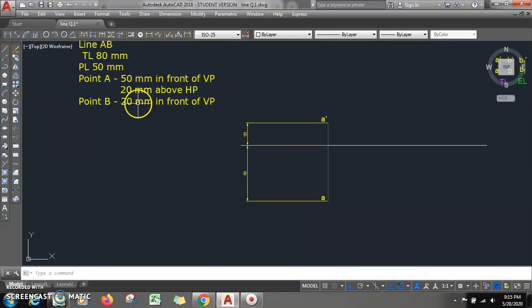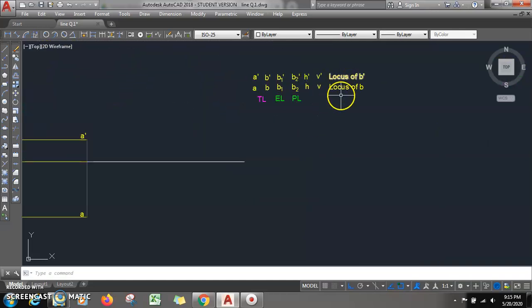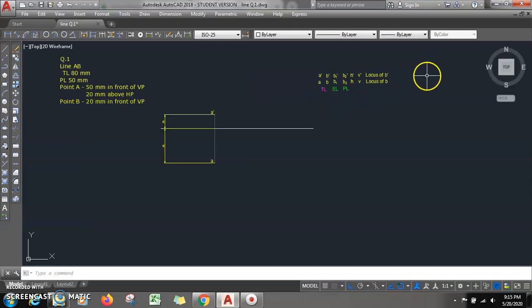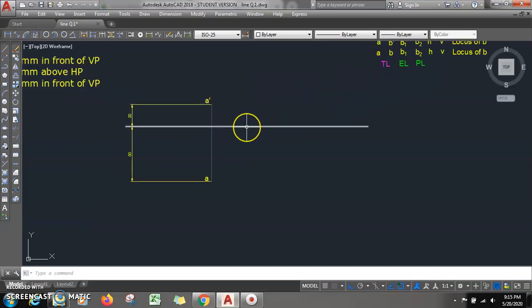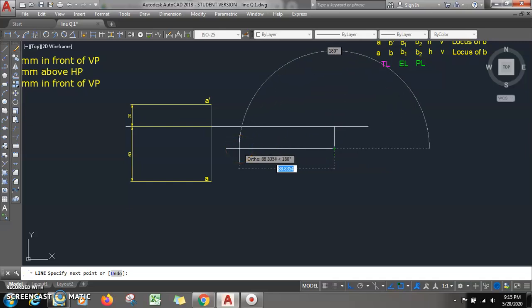Point B is 20 mm in front of VP. In front of VP means the locus of B is at a distance of 20 mm from XY. So how do we get it? You can offset, or simply from any point draw a vertical of 20 mm and then draw one horizontal.